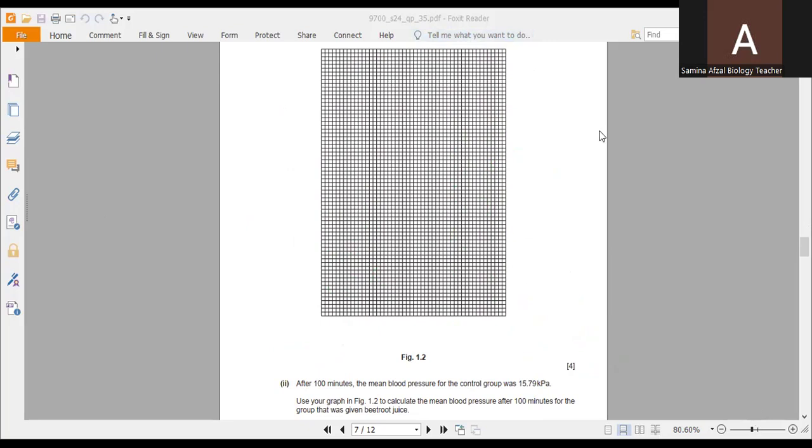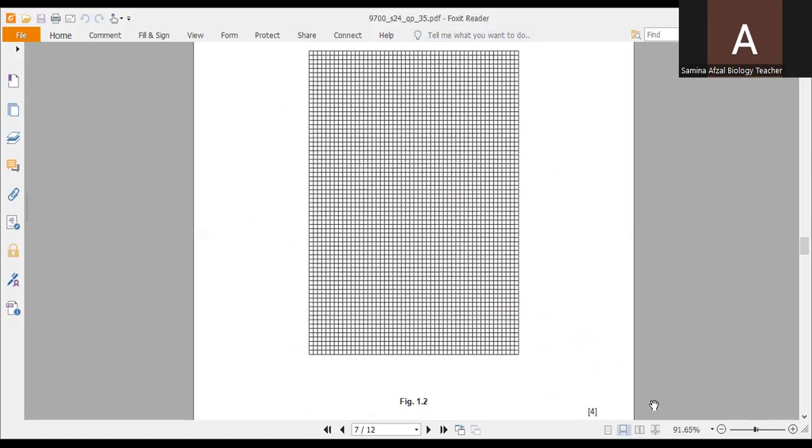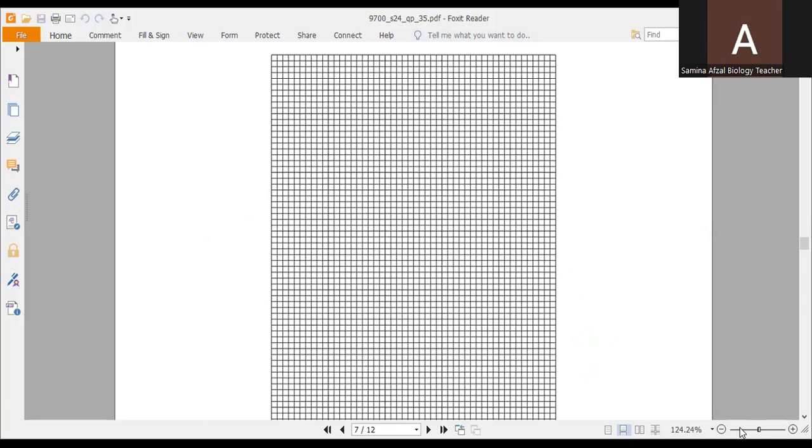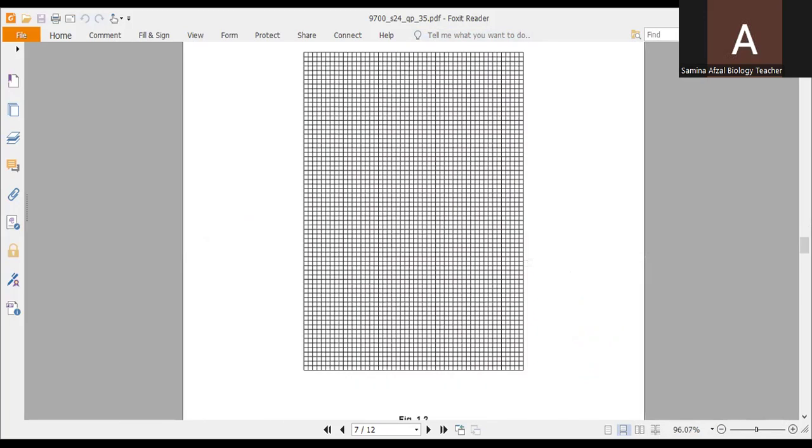Let me make the page a little larger. So here I am going to draw the graph. We will take the time on this side, and on this side we will take the difference in mean blood pressure.